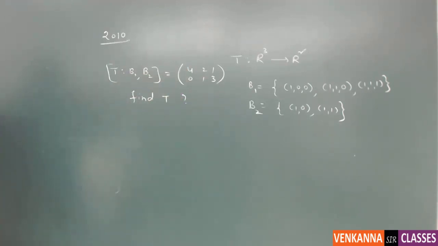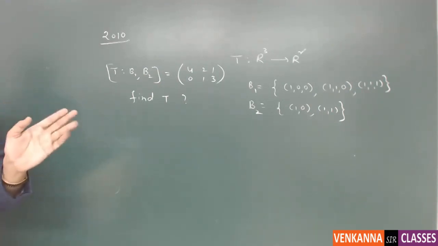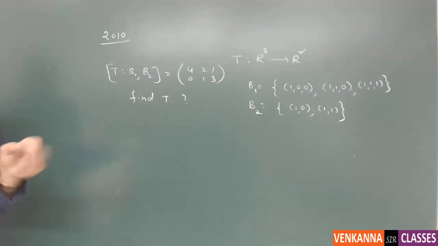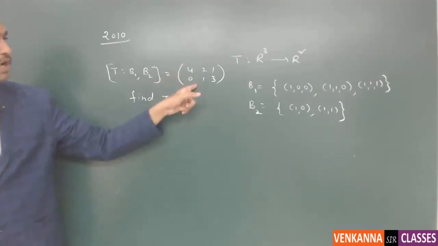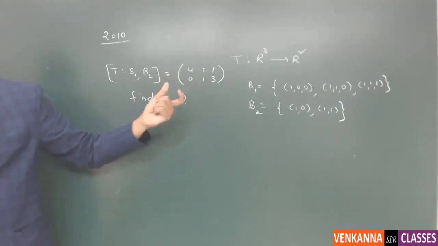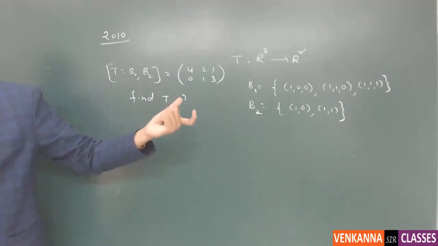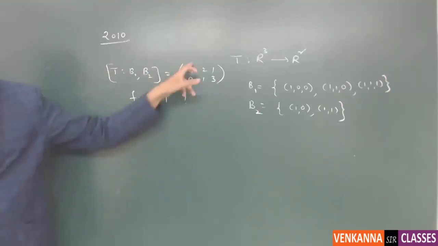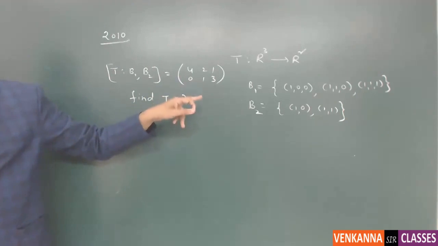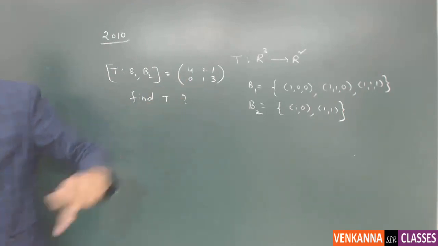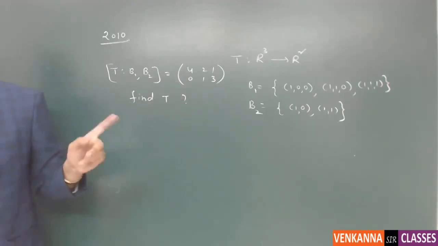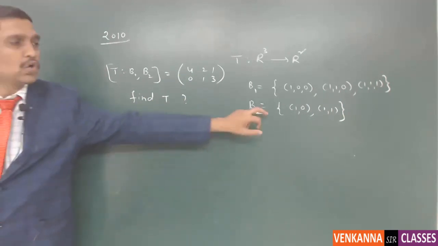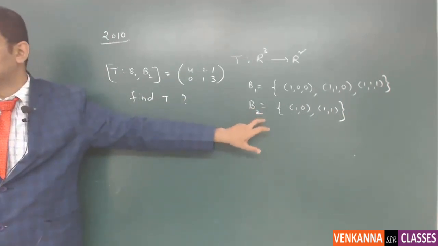Accepted? And the matrix is thus obtained in a way that the first column of the matrix is scalars in the first image linear combination. Second column is nothing but scalars in the second image linear combination, like that. And that linear combination is obtained from the codomain basis.